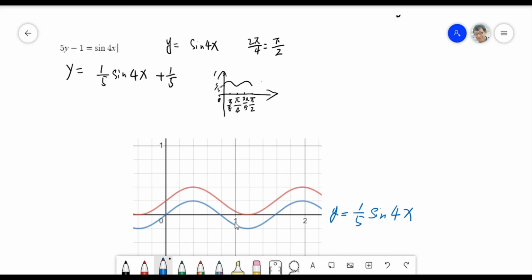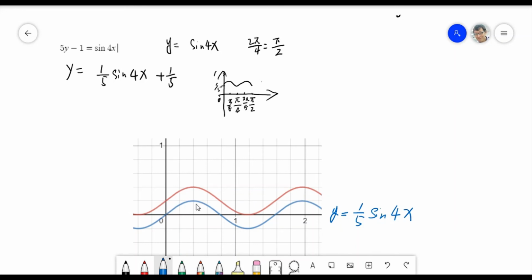This is 1, and 1 over 5 is exactly here, 0.2, right? So exactly right. Let's observe the wave frequency.